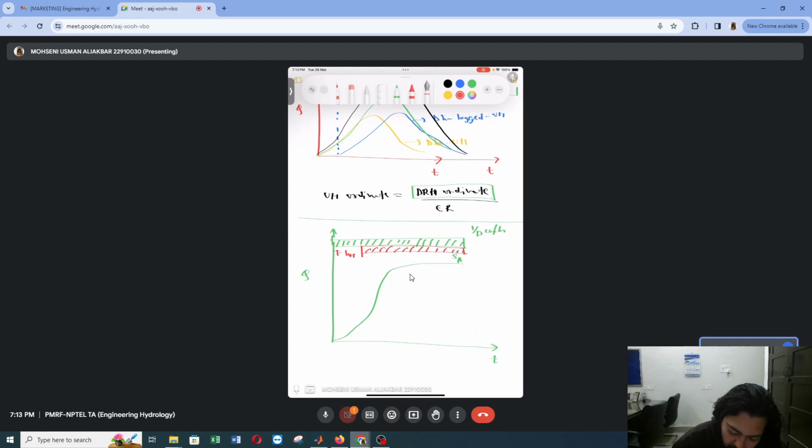So for this time lag difference there will again be an S curve, right? So that S curve will start from here, right? So let us call this SB.